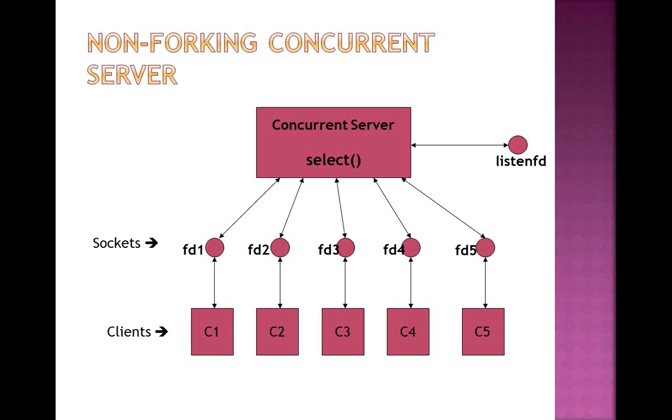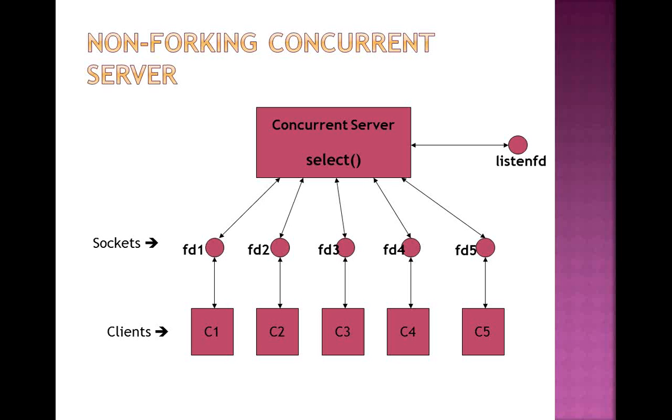This is a non-forking concurrent server, that is there is no fork call, or no fork function is used. More than one client uses the same server with different file descriptors, that is the file descriptors are different but the server is the same and there are different clients.